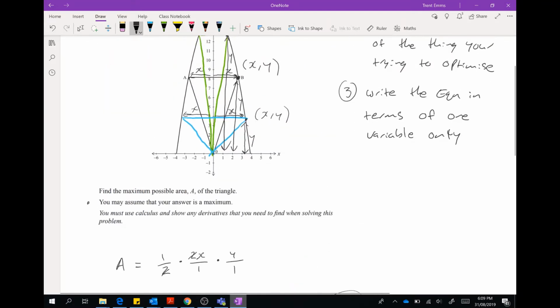Right, once you've done these steps, the last step to do is differentiate, set the derivative to 0 and then solve.